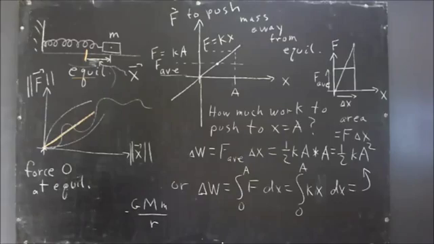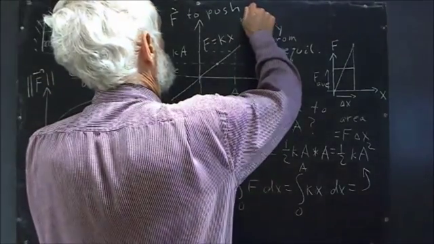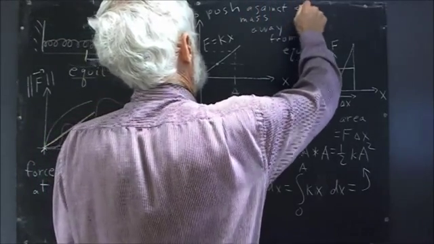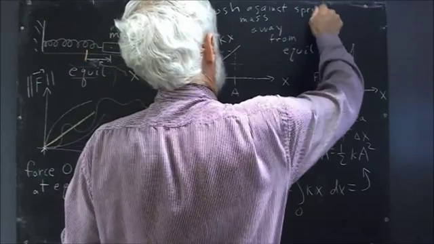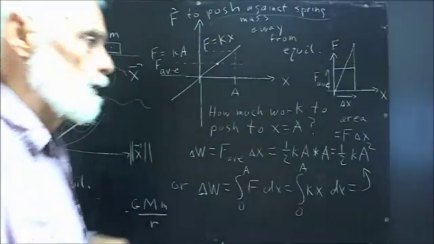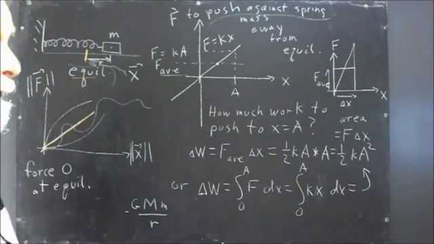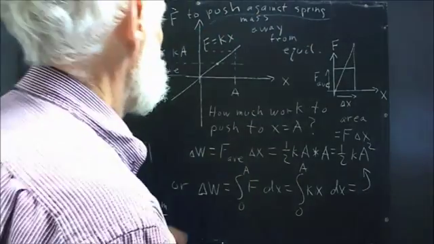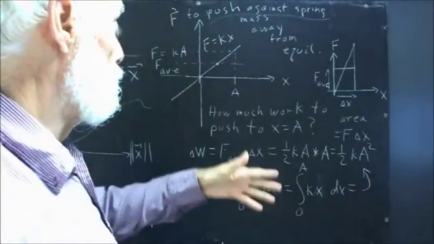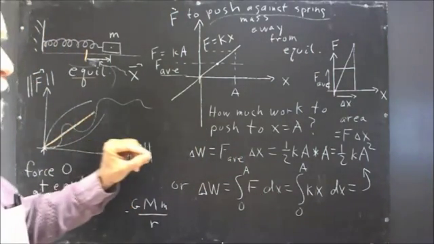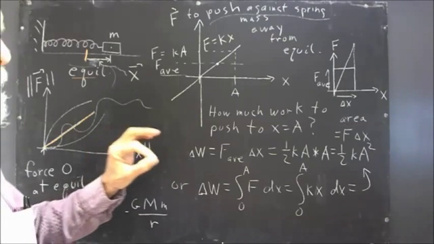The force to push against the spring, because there might be friction here. We can get rid of friction by talking about this being an ideal case where there is no friction. But this is the force that we use to push against the spring, against the force exerted by the spring. And again, we're pushing it slowly, so there's no appreciable acceleration.